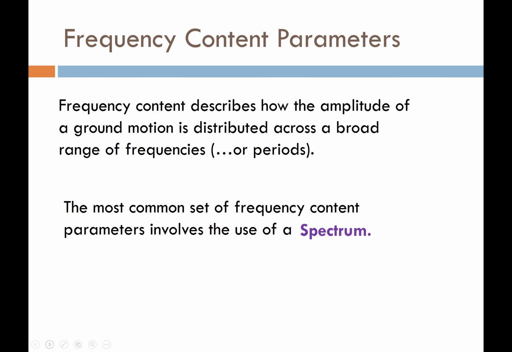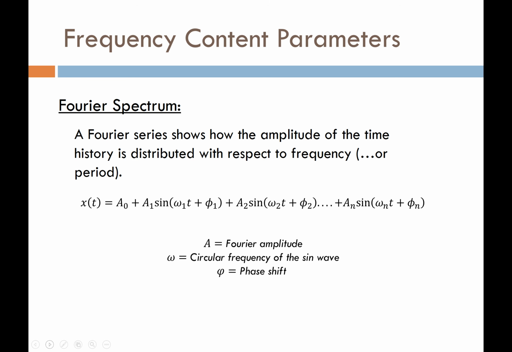Now, the most common set of frequency content parameters involves what we call a spectrum. This is a series of parameters across a broad range of periods. It's not the most common today, but a very common and widely used spectrum is called the Fourier spectrum. And again, this comes from our electrical engineering friends.